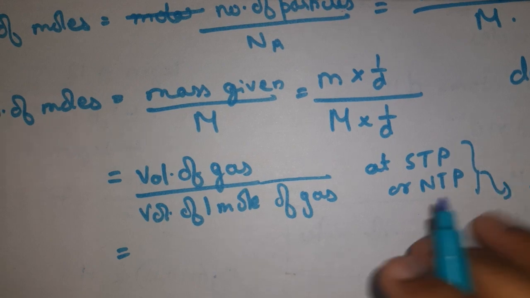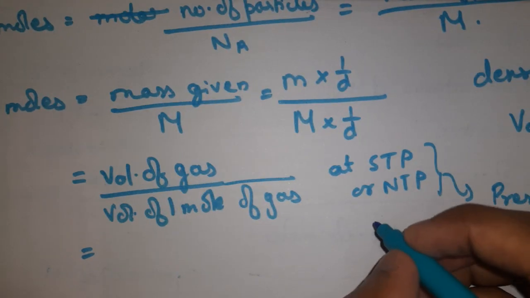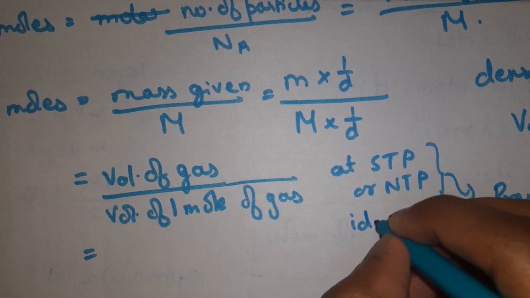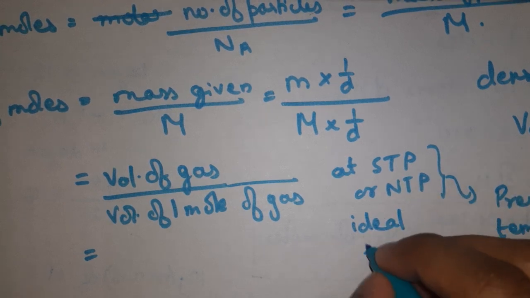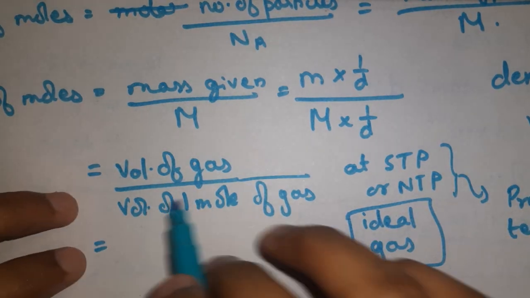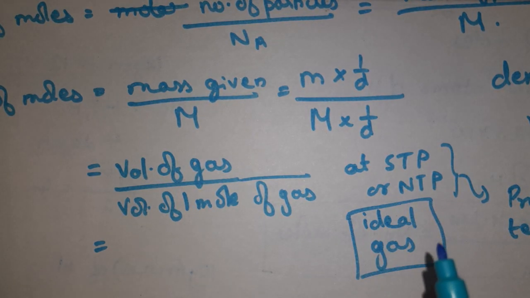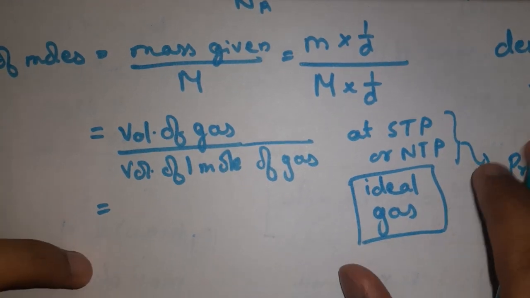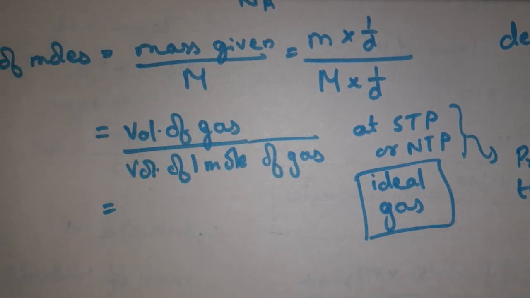Okay, one more thing. At STP and NTP, these gases would be considered ideal gases, and this formula is only for ideal gases at STP and NTP. These things will come later on, I'm sorry, but it will come later. But ideal gases are essentially gases that are ideal.